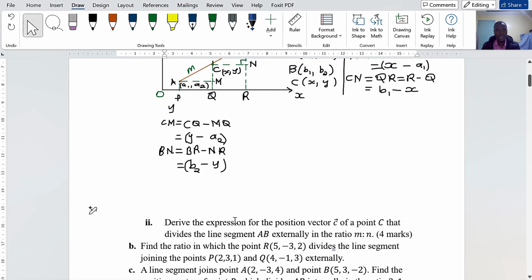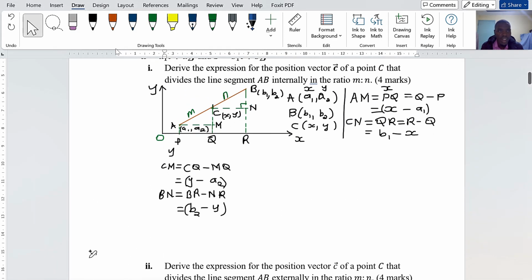Good. We're moving well. Now we have similar triangles. Triangle AMC is similar to triangle CNB.